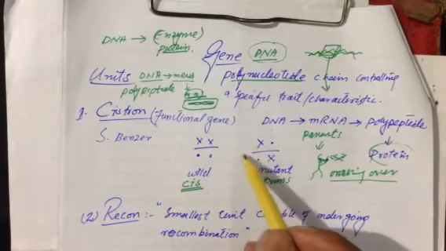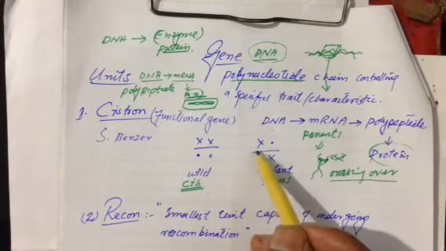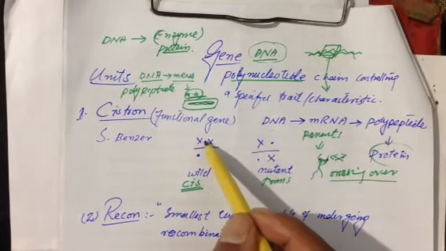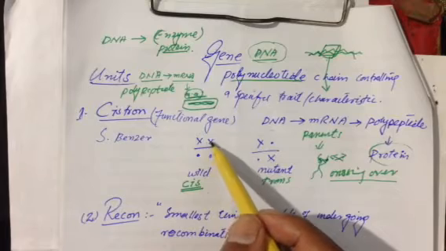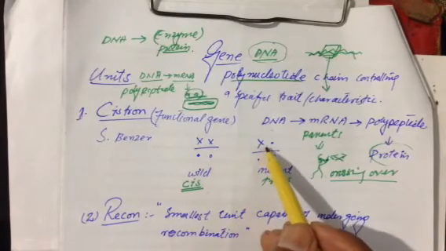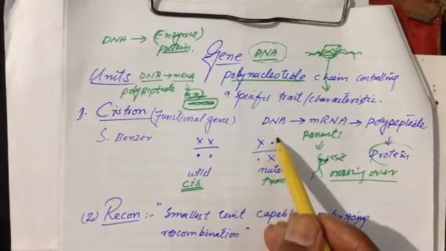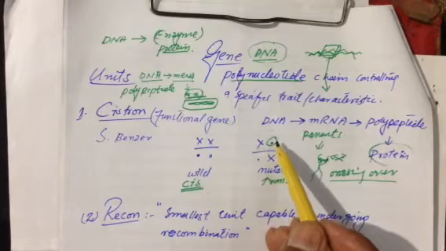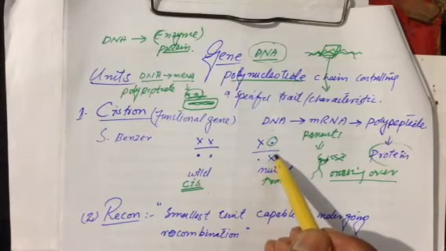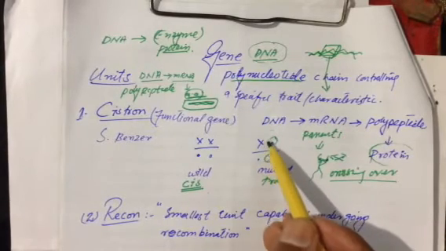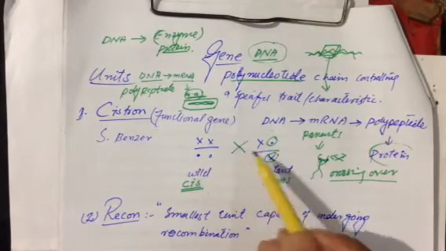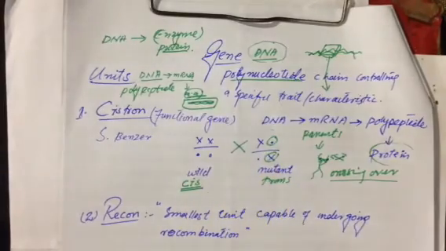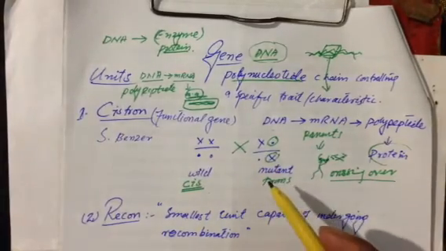But when there is a mutation or crossing over, after crossing over there is a change. There are the XX genes, on the same location, but here one X has been changed to a dot, and in this case the dot has been changed to a cross. So the crossing over took place and the wild type has been changed to mutant type.